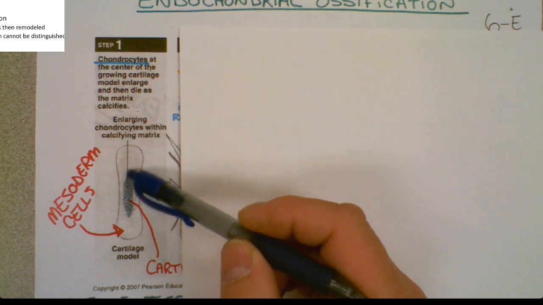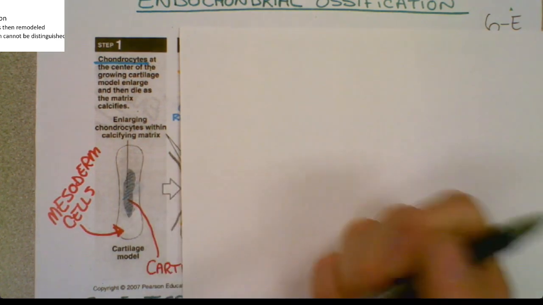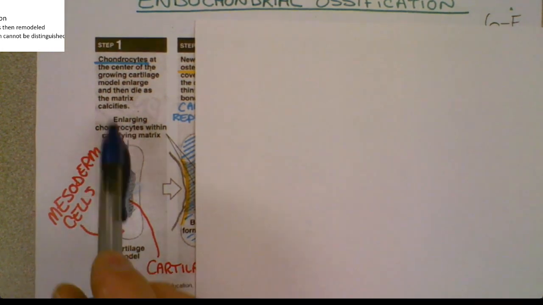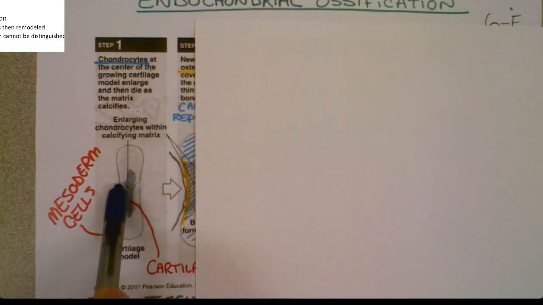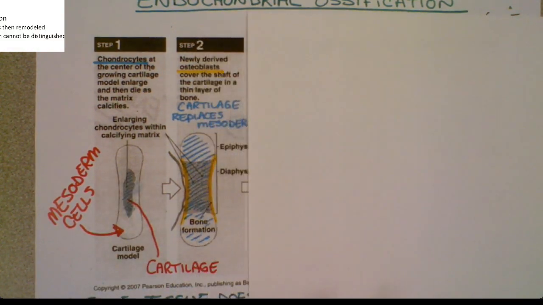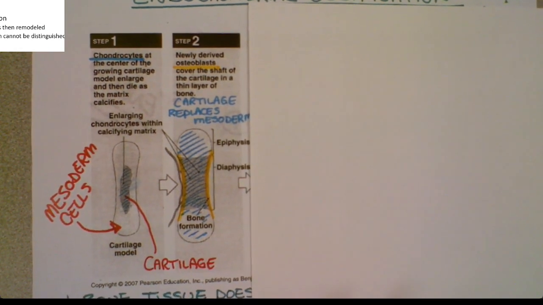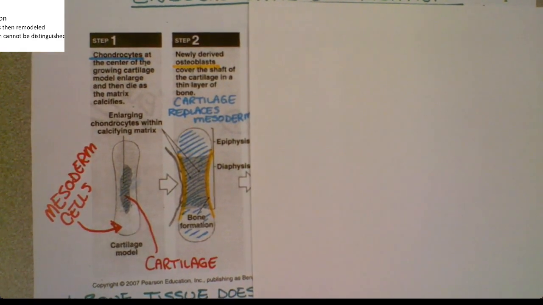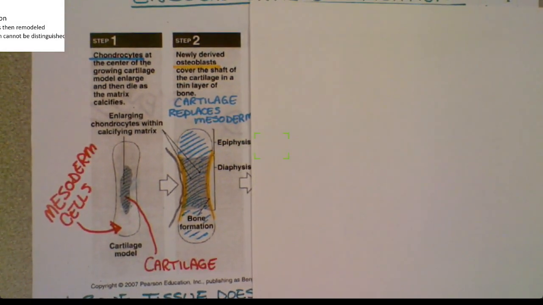And this connective tissue is then slowly replaced by cartilage. Now, this cartilage is going to grow and enlarge the structure. Over time, as this cartilage enlarges, the cartilage will be slowly replaced by bone. This is why it's called endochondral ossification.